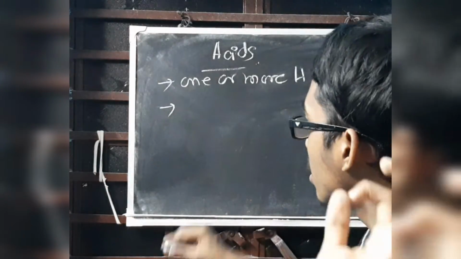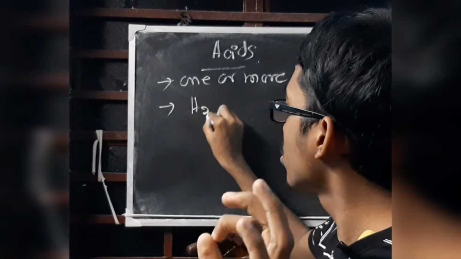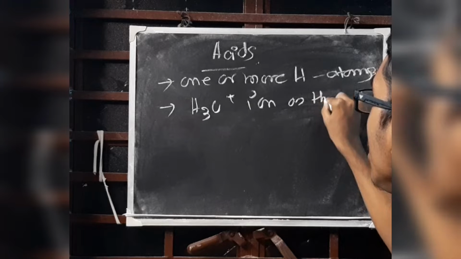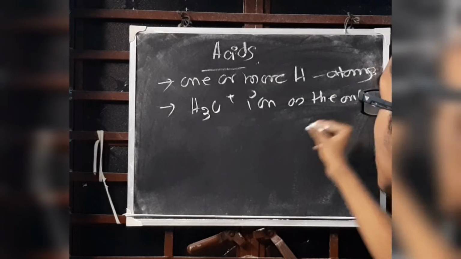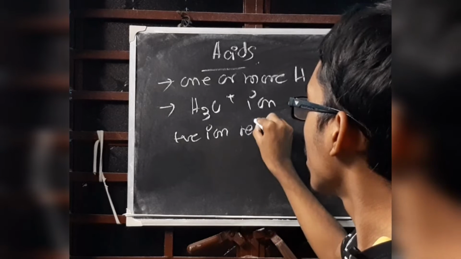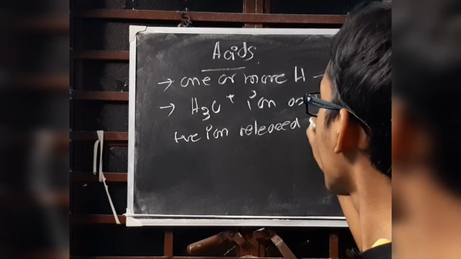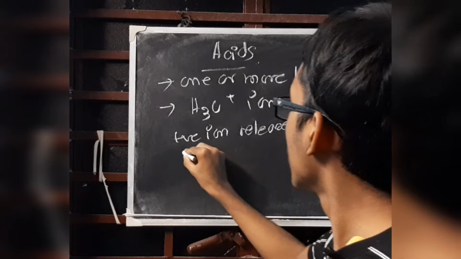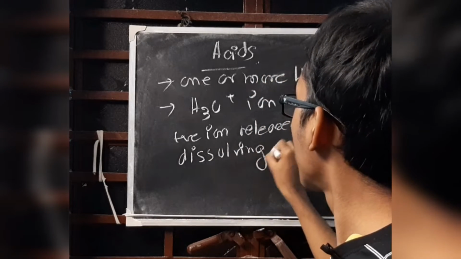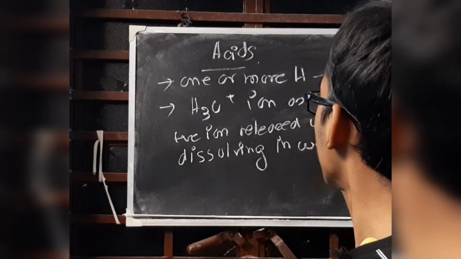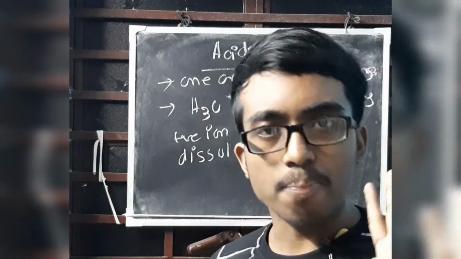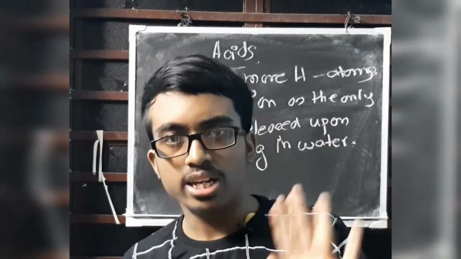But the main keyword is H3O positive ion, as the only positive ion released upon dissolving in water. So basically an acid is a compound containing one or more hydrogen atoms, fine, accepted.